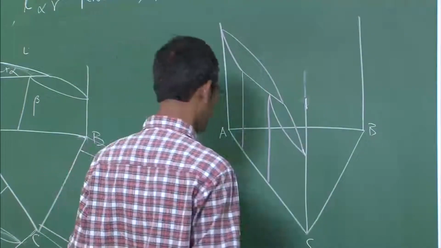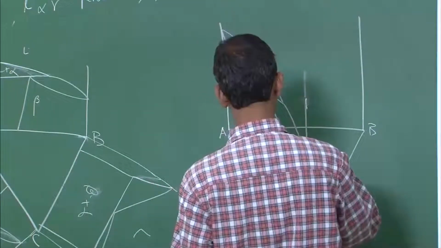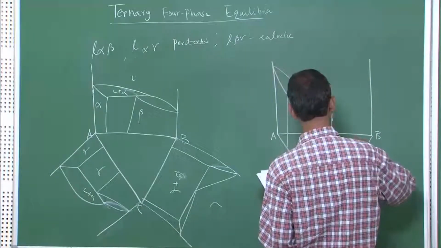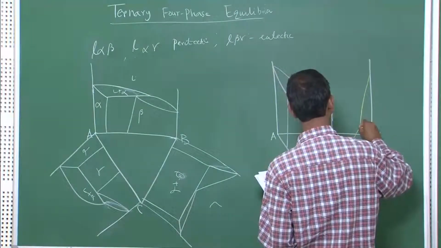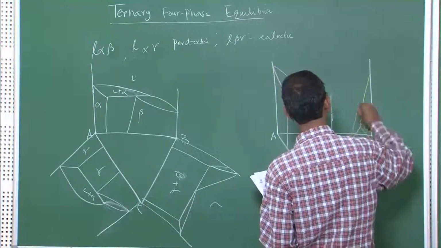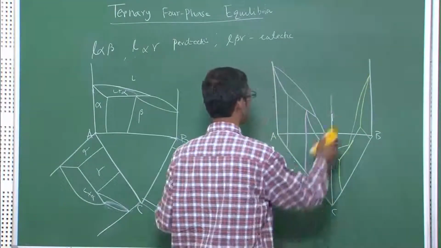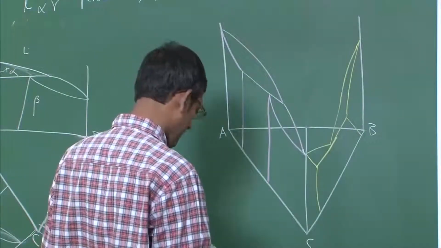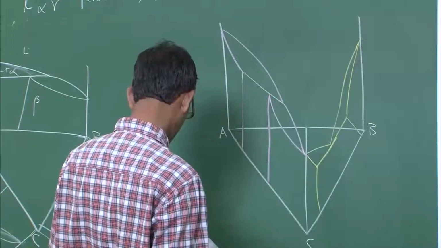This is what it is. Between B and C is a eutectic, that is easy. Okay. And between A and C another peritectic reaction.